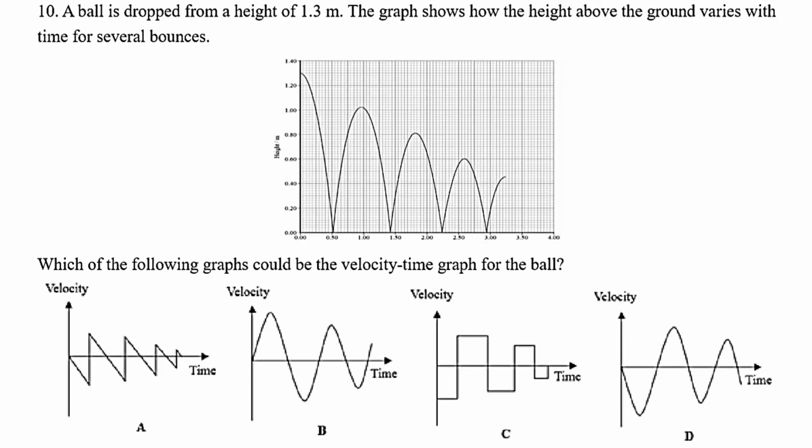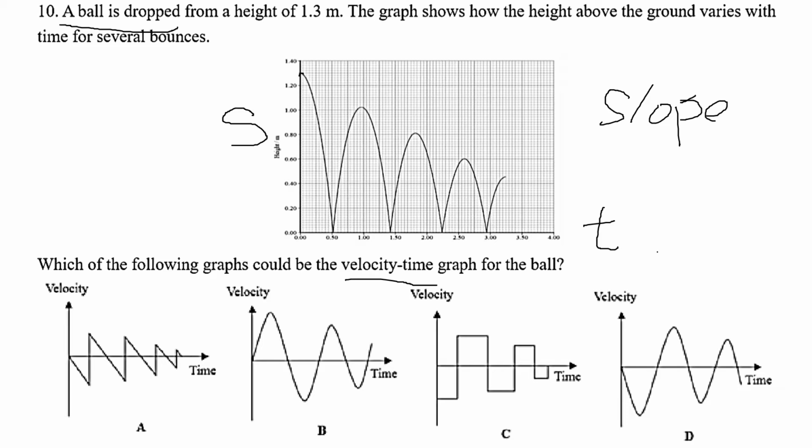A ball is dropped from a height of 1.3 meters. The graph shows how the height above the ground varies with time for several bounces. The ball is dropped, and this diagram is actually the displacement-time graph. How can you get the velocity-time graph from the displacement-time graph? Get the slope. What is the slope of this graph when time equals 0?